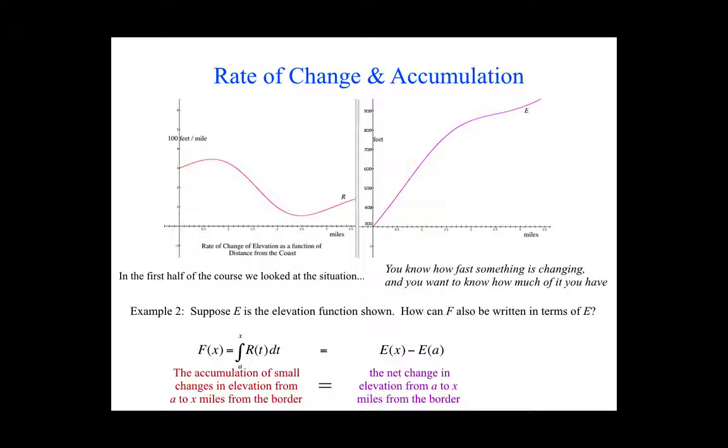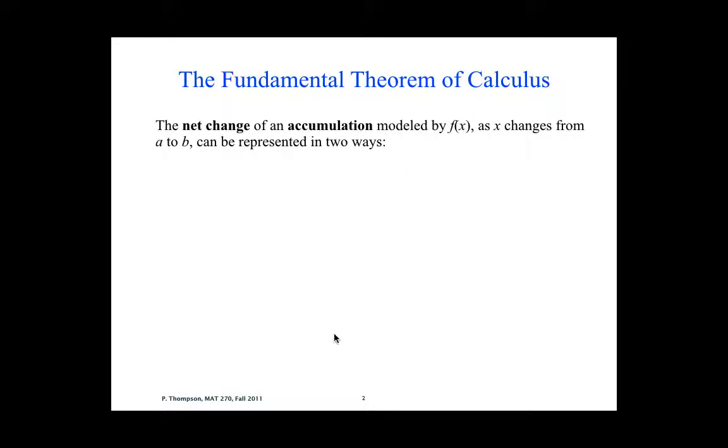So this net change we can express this way, maybe obviously, but that's the same as this. And we can also express E of x by moving this E of a across the equal sign, just rearranging it and saying, oh, I have an expression for total elevation or actual elevation as opposed to just net change in elevation.